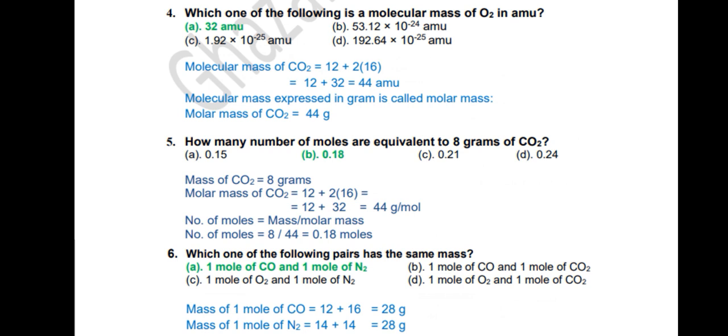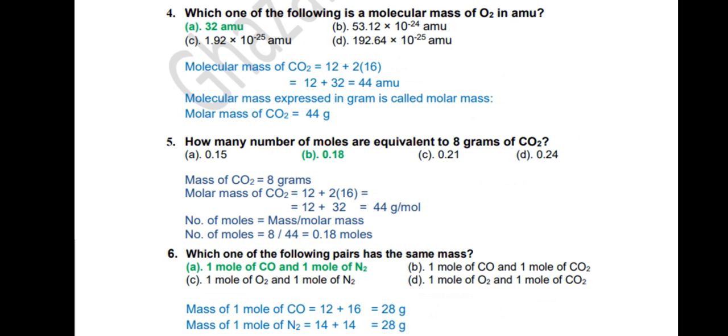Similarly, you can calculate the molecular mass of water, that is 18 AMU, as we discussed in the previous MCQs. You can calculate the mass of nitrogen, N2, that is equal to 28. In this way you can calculate the mass of any molecule in atomic mass unit. So oxygen, O2, means 16 multiplied by 2, so option A will be correct, 32 AMU.